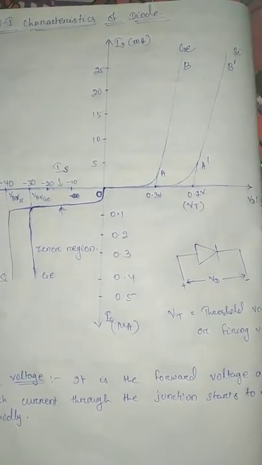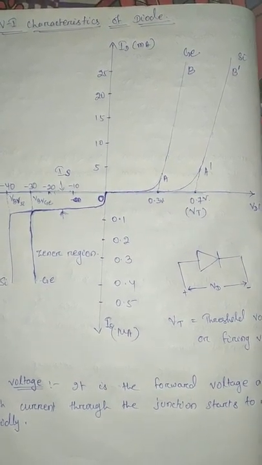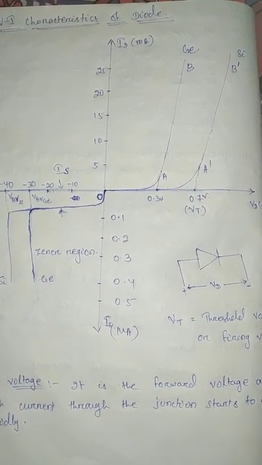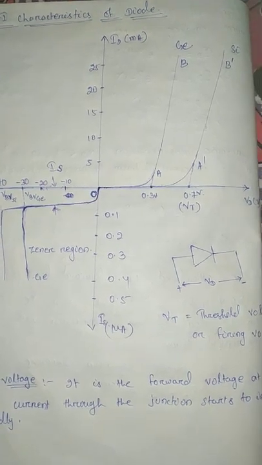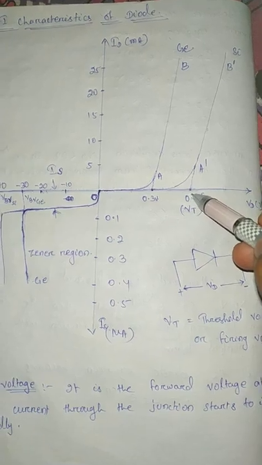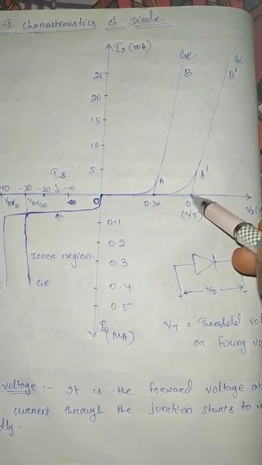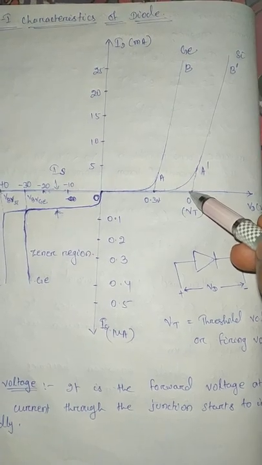If the external voltage applied to the diode is less than 0.3 volt for germanium type diode or 0.7 volt for silicon type diode, only a small electric current flows through the diode, which can be neglected.